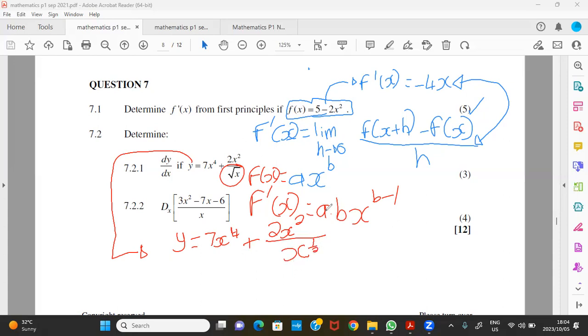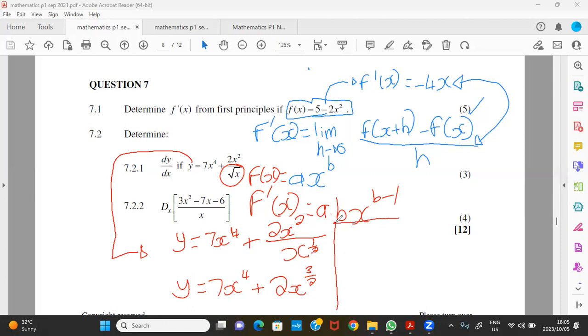So we are still at y. We are just going to say 7x to the power of 4, then we'll have 2x with lots of exponents. We are dividing two terms which have the same base, so we keep the base, then we subtract the exponents. So 2 minus half, that's 3 over 2, or 1.5.